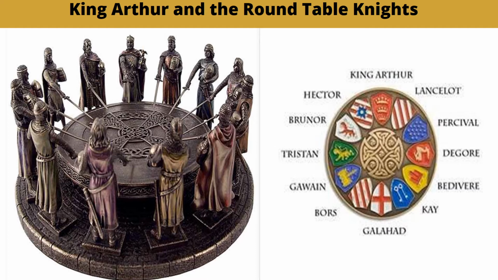Another very important poem that is often ignored when Anglo-Saxon literature is studied, but is very important, is that of King Arthur and the Round Table Knights. King Arthur was a hero of the Anglo-Saxon period, rather a kind of mythical character, and also 12 of his knights.